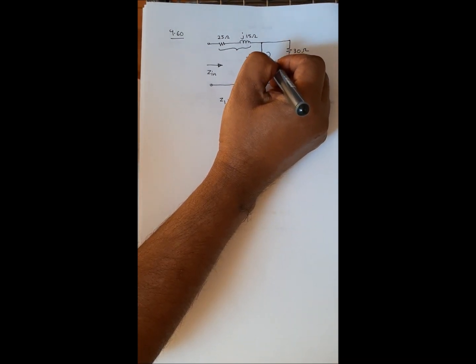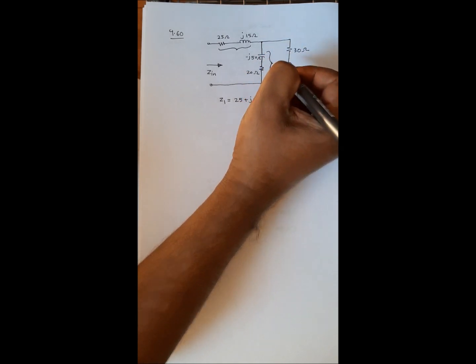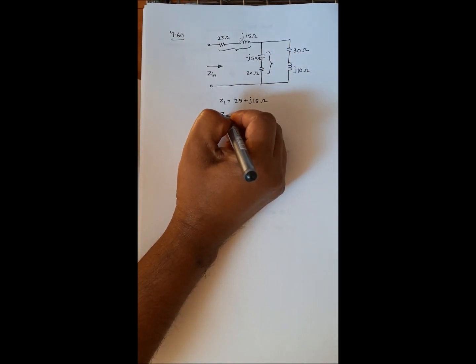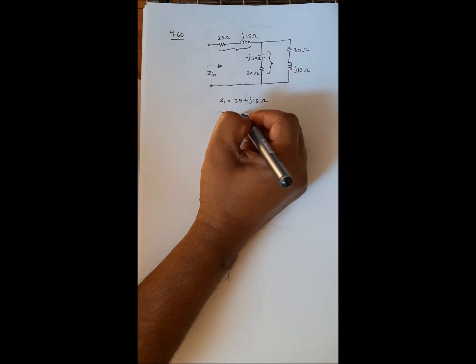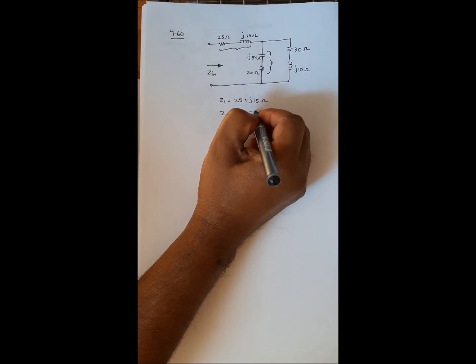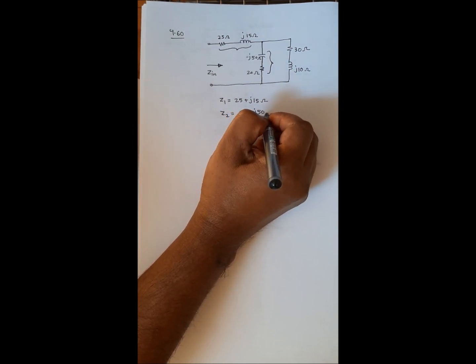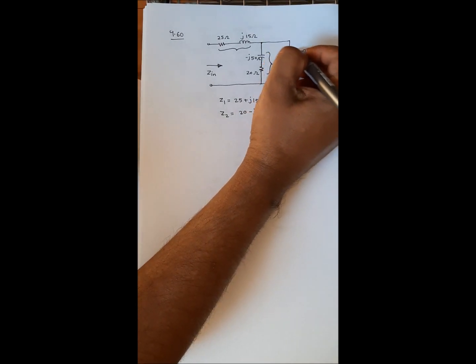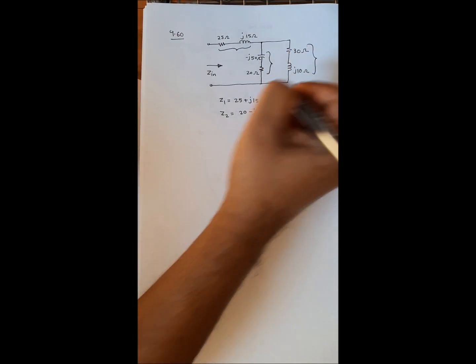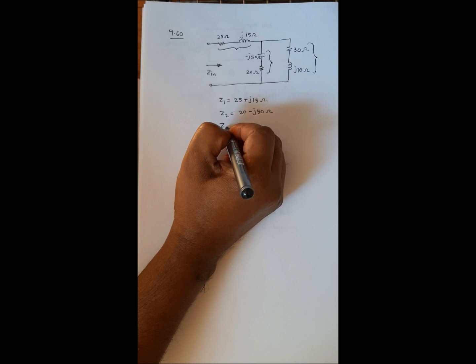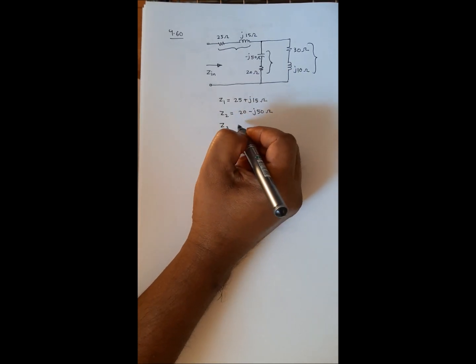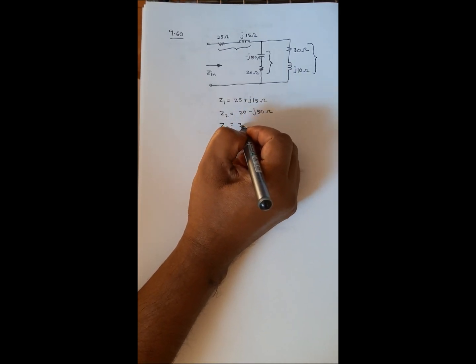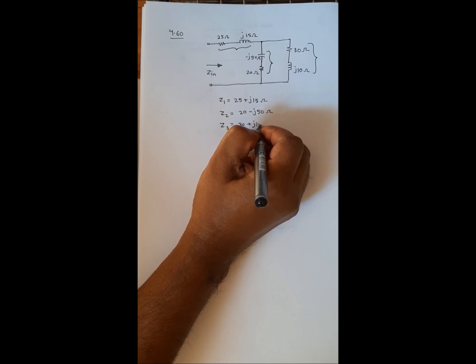Here we see a series combination of these two impedances. Let me write them: Z2 is 20 minus j50, and for these two impedances we can write Z3 equal to 30 plus j10 ohms.